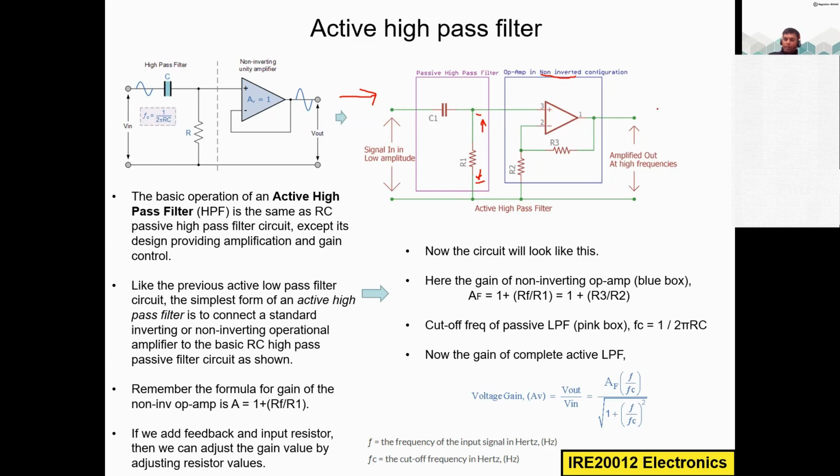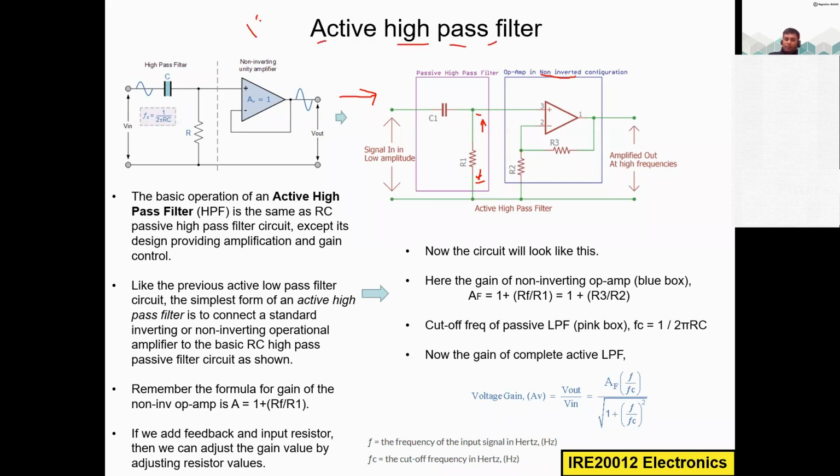So there will be no phase difference here. The other terminal, the negative terminal, has the negative feedback through a resistor, feedback resistor R3, and we also have another resistor, input resistor, for this terminal. So this is the entire design, the complete design of the first order active high pass filter.